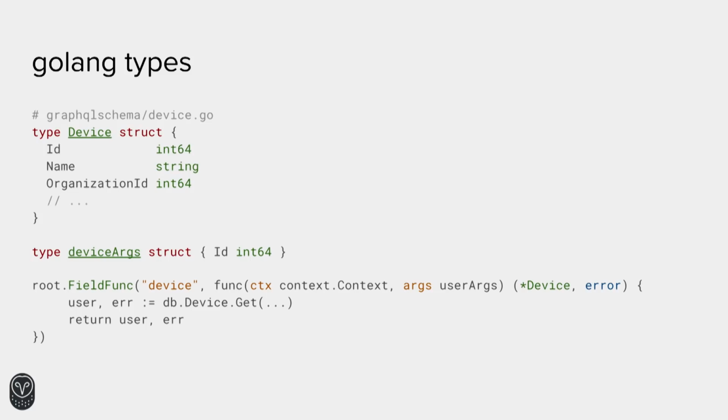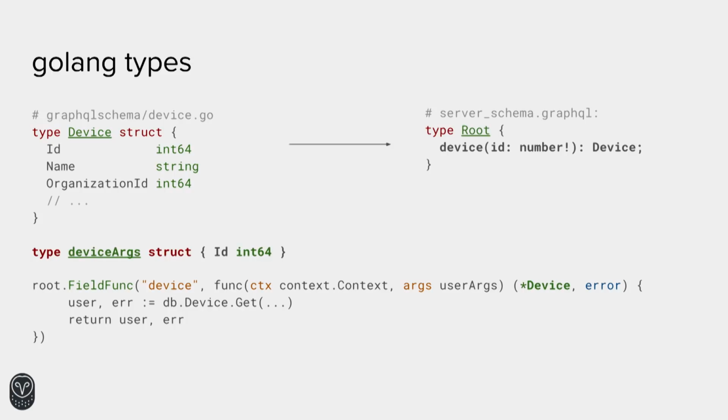And so at the initialization of the GraphQL server, when we register that, hey, we have a device resolver and it has some fields, and then we also have the device itself, we can introspect on what those fields actually are and what those types are to generate our GraphQL schema automatically.